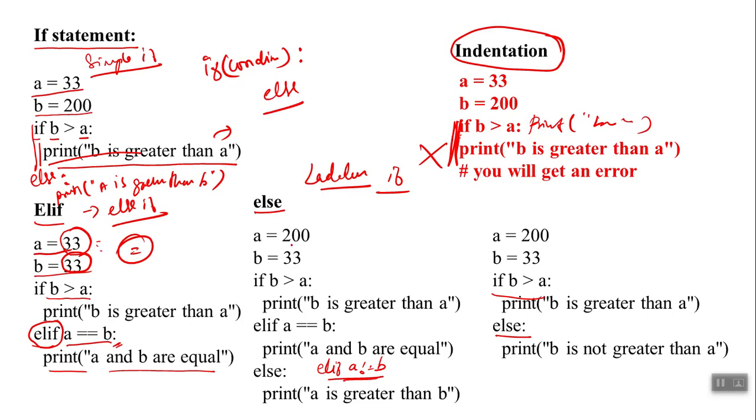Inside an if you use an if. For example, if condition, colon, again if condition, colon, the statement, again else, colon, the statement. Here you can have else, this if else, this if else.